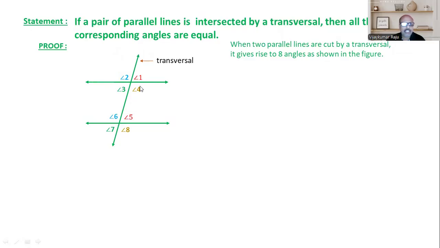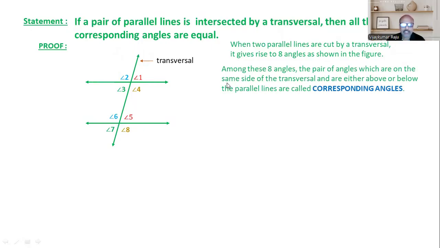So one transversal, when it cuts a pair of parallel lines, gives rise to 8 angles. Among these 8 angles, the pair of angles which are on the same side of the transversal, and are either both above or both below the parallel lines, are called corresponding angles.